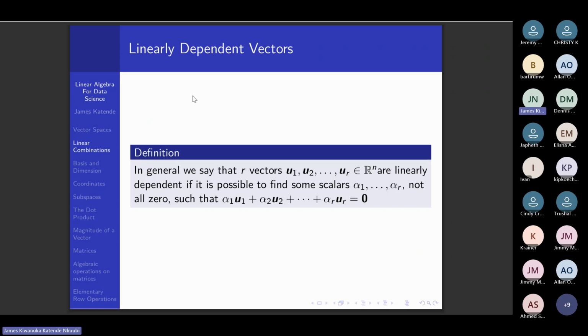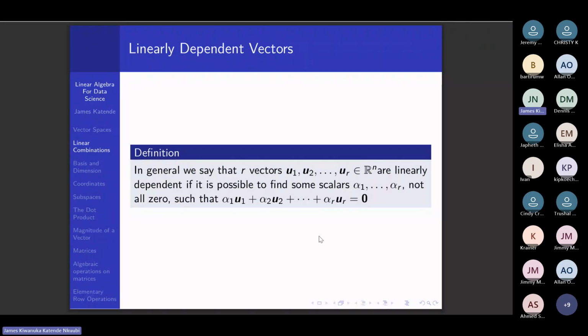So in general, now if we get the formal definition of linear dependence, if you have r vectors in Rn, the n-dimensional Euclidean space, we'll say that these r vectors are linearly dependent if we can find a corresponding set of scalars, r of them as well, such that at least some of these should not be 0.